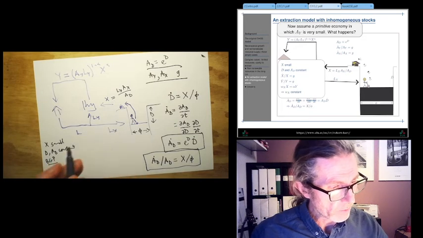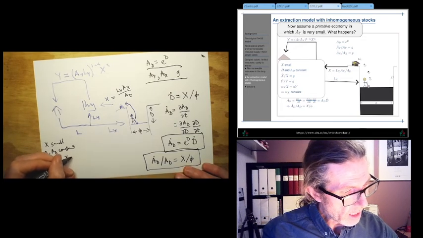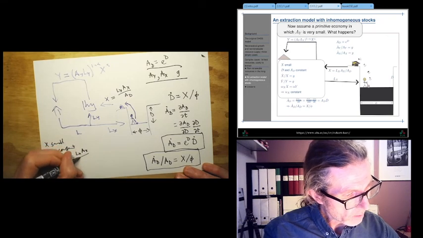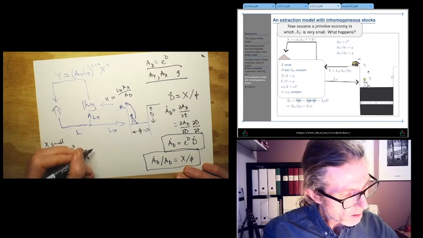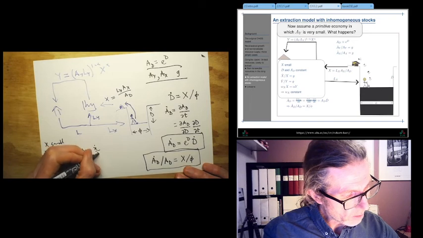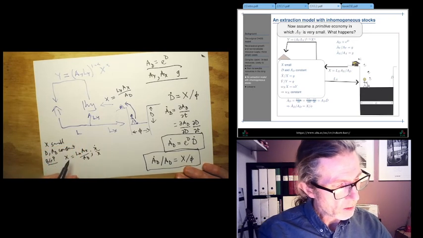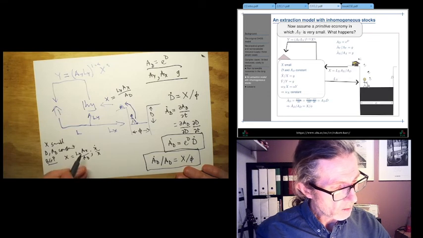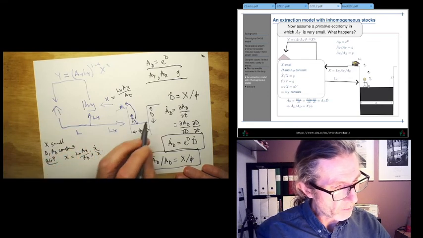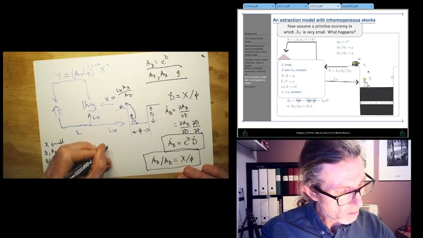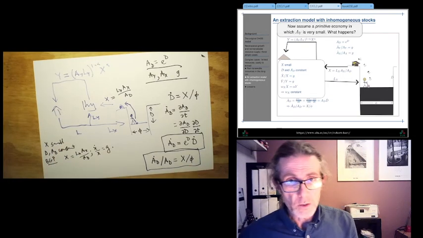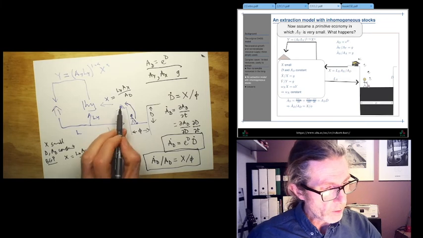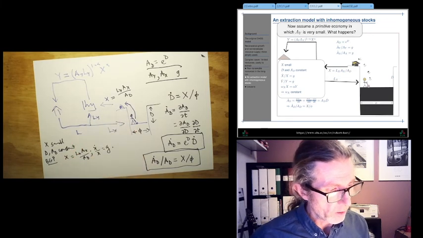If LX is constant, then X, which is LX AX over AD, then X dot over X is, well, LX is constant, AD is constant, so it's just AX dot over AX, which is G. So in that case, X, the rate of extraction, is going to grow at G.